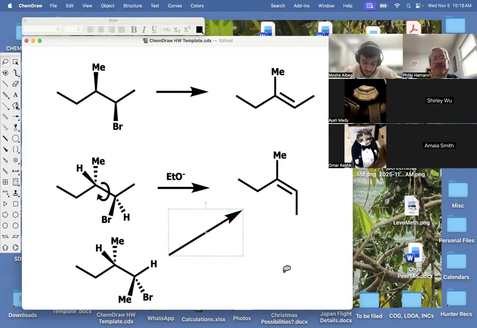Okay, next question. Oh, I think you missed the energy diagrams. Oh, energy diagrams. Well, no, I do one question at a time. So I want to save this. Give me a second.